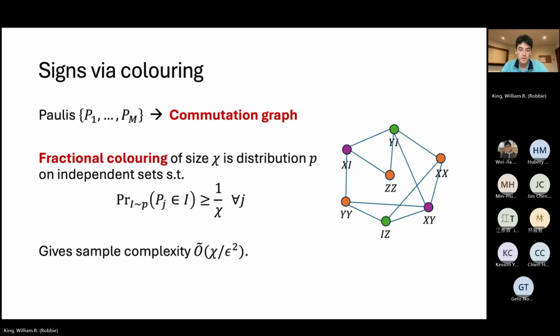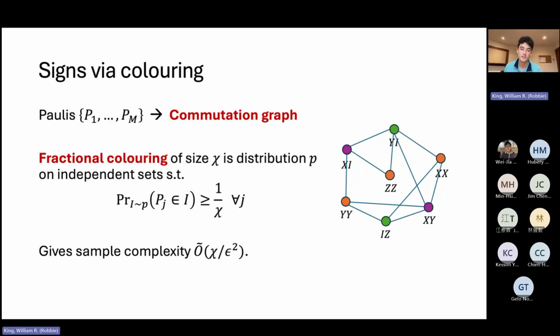Okay. So we can actually generalize this notion slightly and have a sort of randomized coloring. In graph theory, they call them fractional colorings, because it's sort of an integer program style relaxation of the notion of coloring. And then how do you define the number of colors? Instead, we say we have a distribution over independent sets such that if I fix any Pauli, the probability that it appears in the random independent set is not too small.